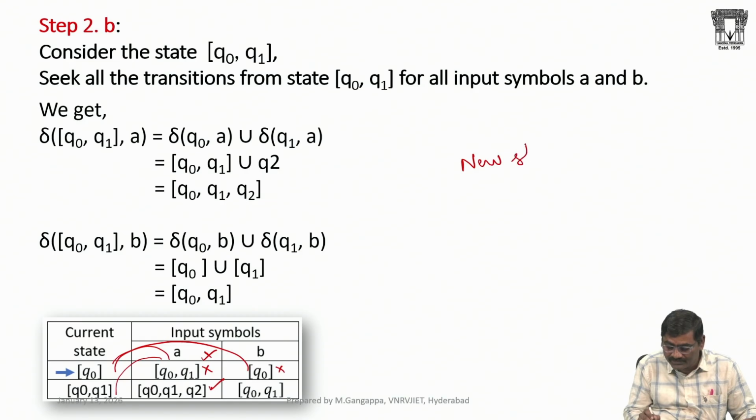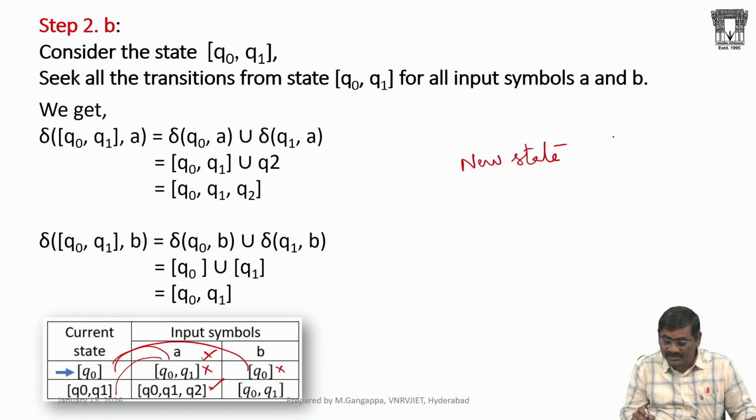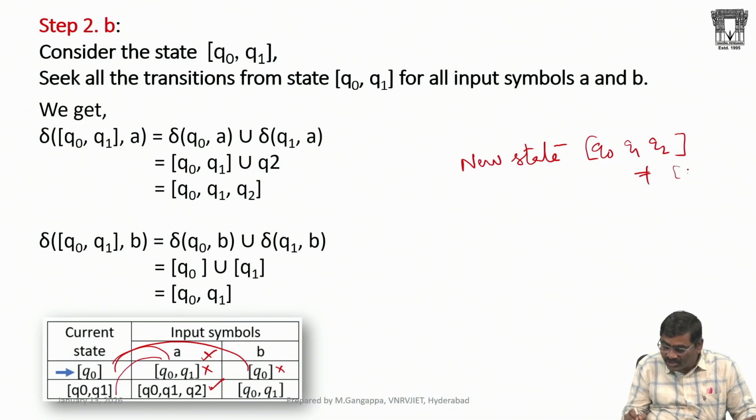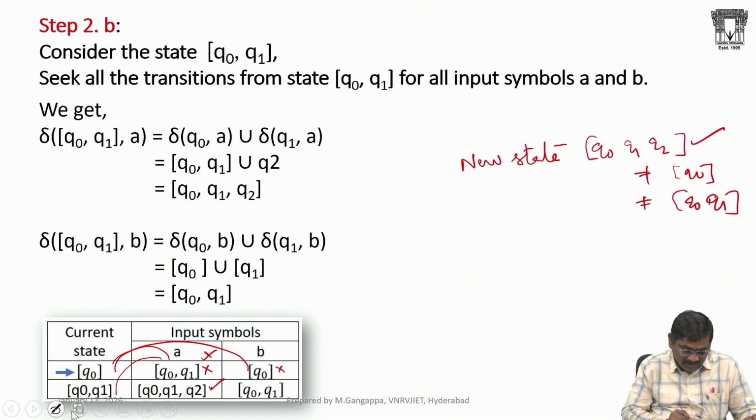Q0 Q1 Q2 is not matching with Q0, not matching with Q0 Q1. Therefore this is a new state.